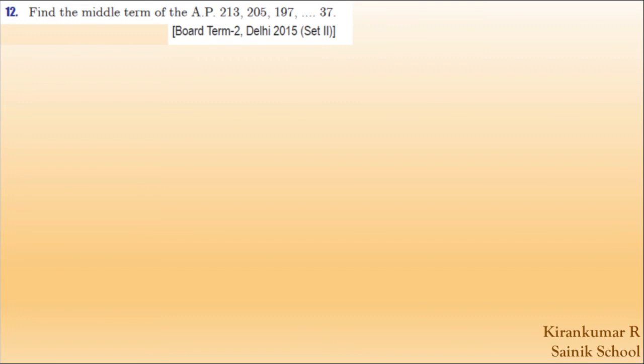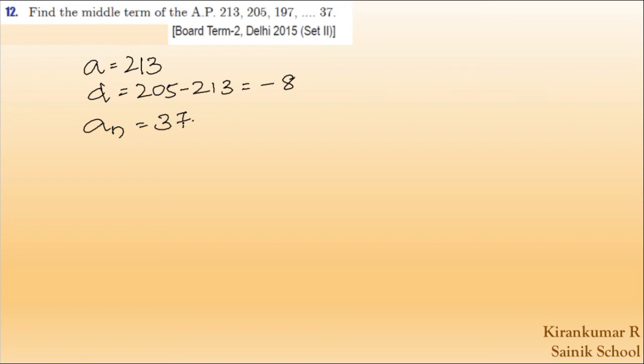Question 12. The middle term should be found here. They have given an arithmetic progression in which the first term is 213, the common difference is 205 minus 213, which is negative 8, and the last term is 37. Let me consider there are n terms.